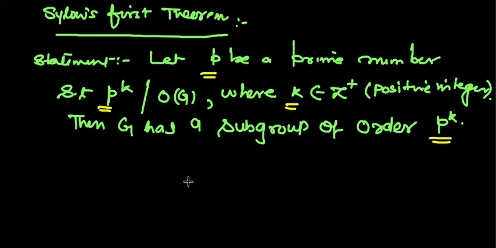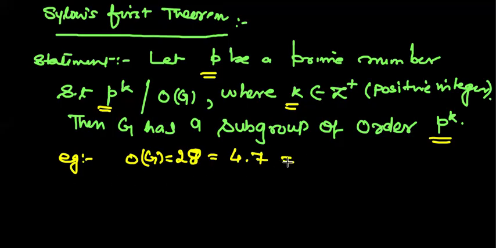So we can take an example. For example, the order of G is equal to 28, which is 4 into 7, so it can be written as 2 squared times 7.